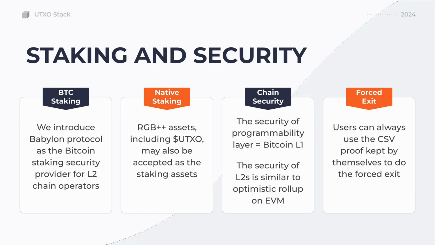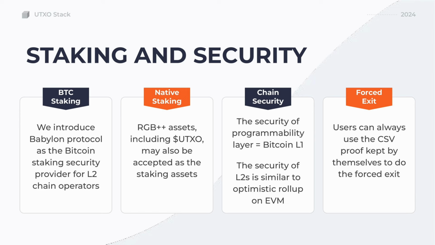The security for Bitcoin layer 1, the RGB++ protocol layer 1 part, is exactly the same as Bitcoin itself, because the security is promised by Bitcoin PoW.